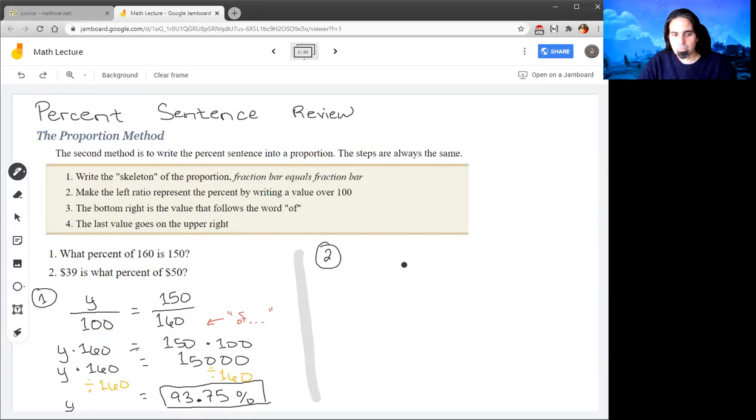For the second example, again, the what percent we don't know. The thing after of this time is 50, and the other number we haven't used yet is the 39.